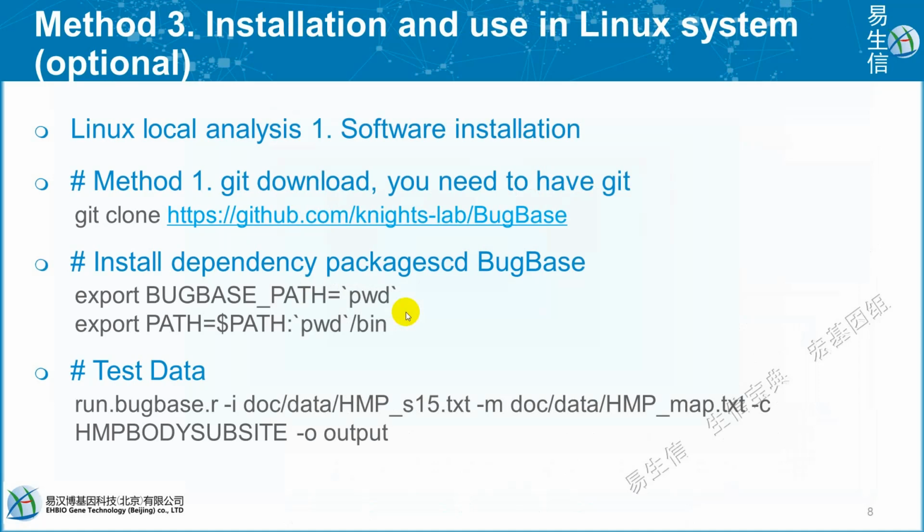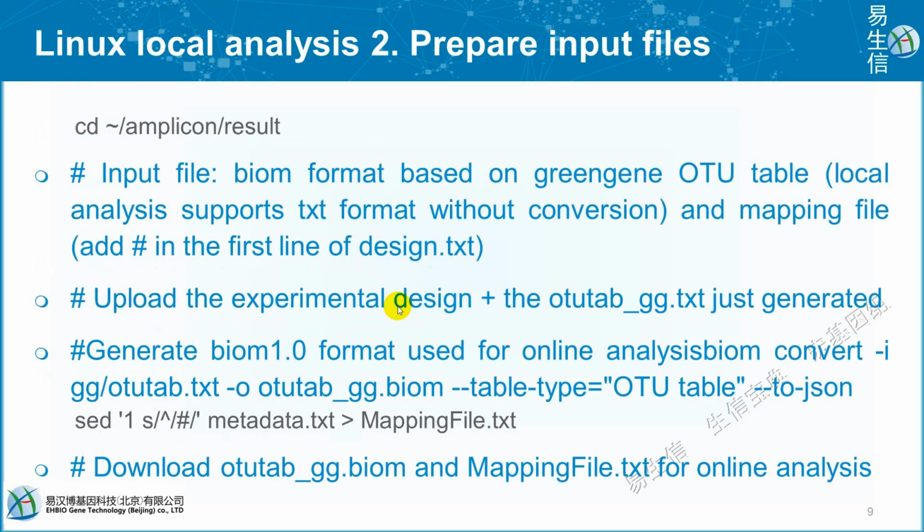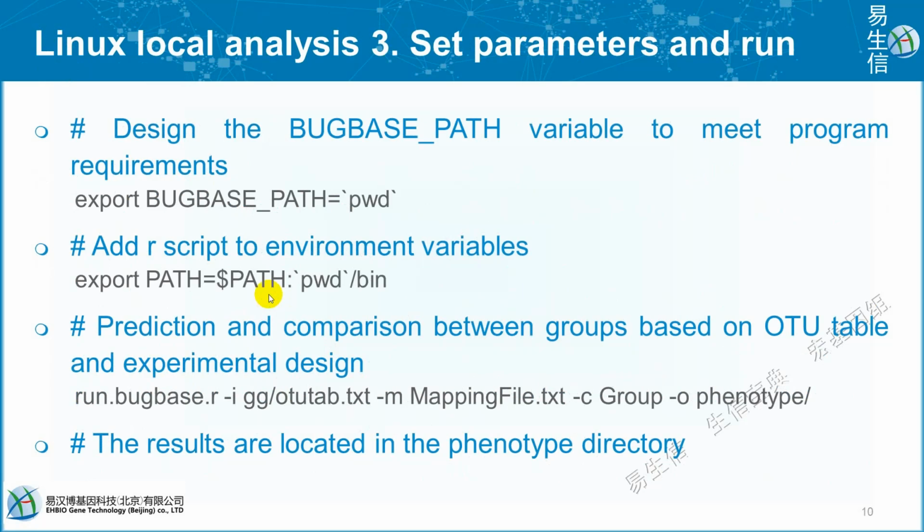And the third is installation and use on a Linux system, which is totally optional. In order to run on a Linux server, Windows users have to switch their terminal from Git Bash to the Windows Subsystem for Linux. Then we have to install some software, for example git clone, install the BugBase dependency packages, and test the data. Then we continue by running the code step by step. We can set parameters and run.